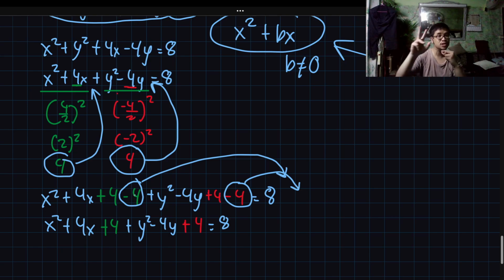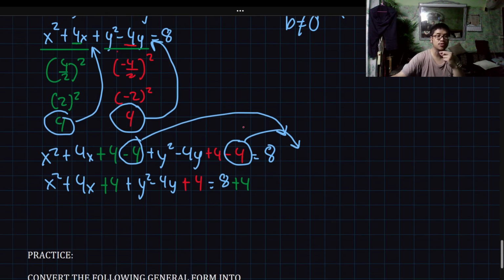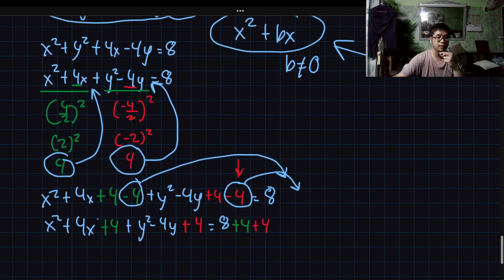Then we transpose negative 4, the green one, to the right. So here you will have positive 4. Then we transpose the other negative 4 as well to the right, so we will have plus 4.